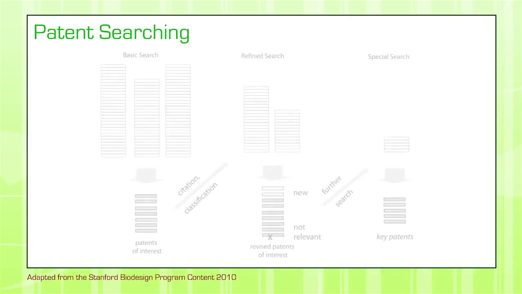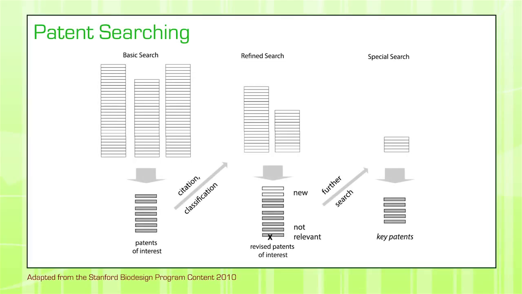In that sense, the output of this basic search, or step one in patent searching, is going to be a lot of patents of interest, and you should classify them and try to get all the citations from those patents to be the input of our next step, which we are going to call step 2, or the refined search process.